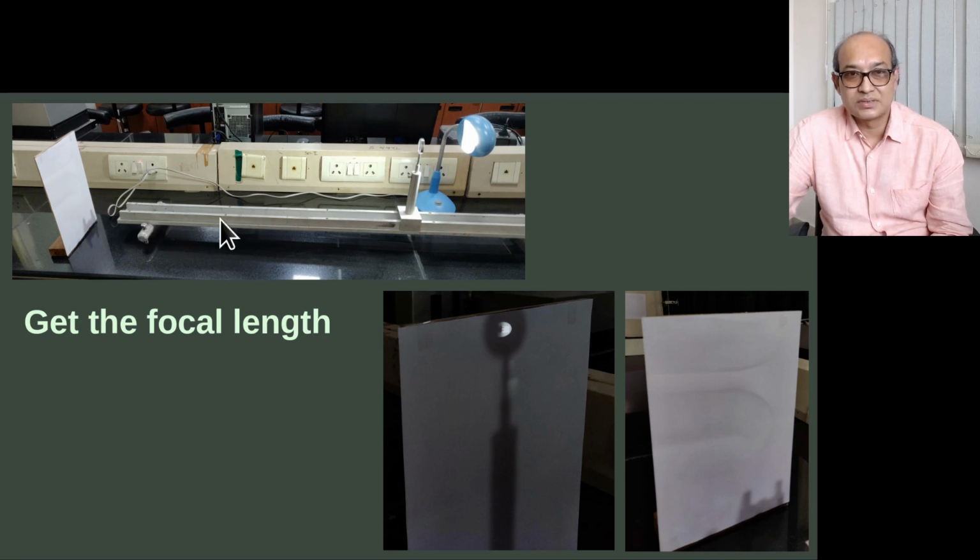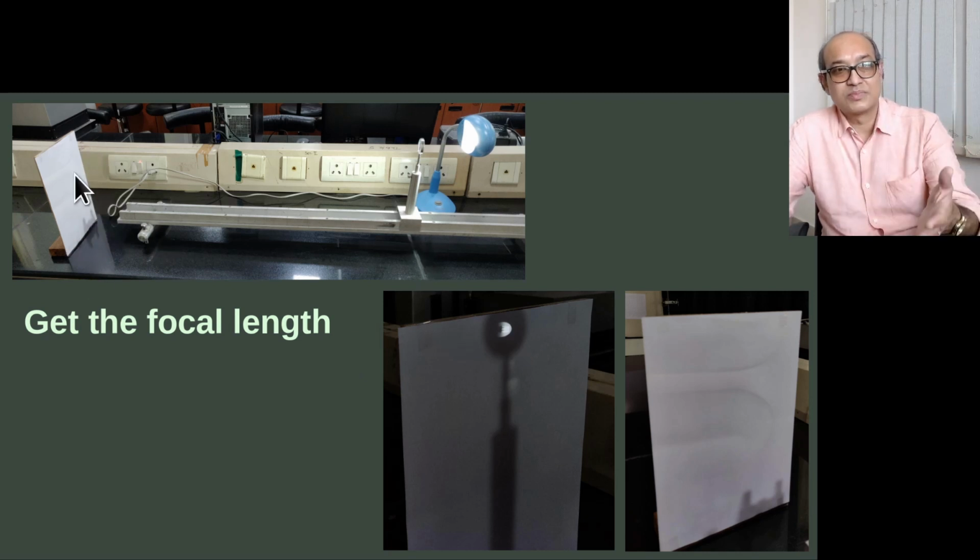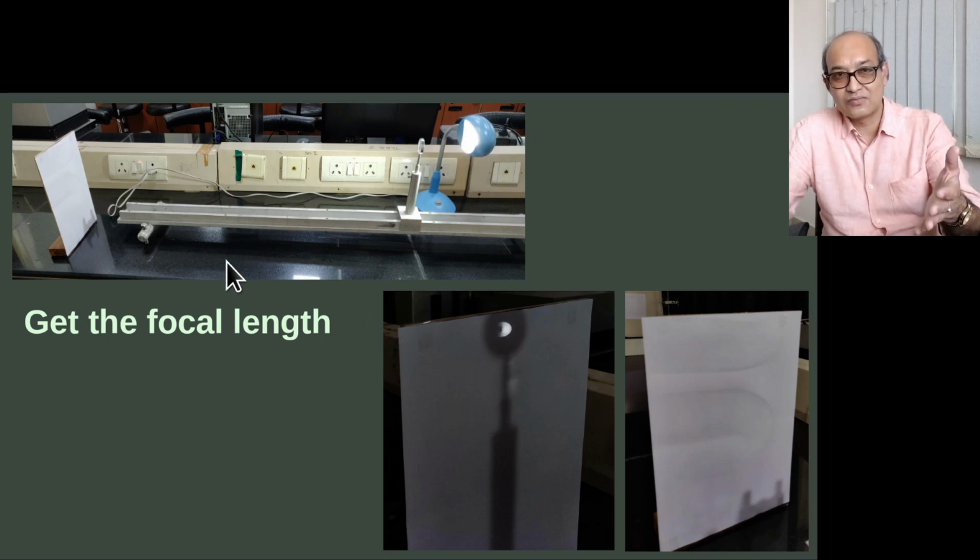And we have this rail. The lens can be moved. So what we can do is keep the screen at one end of the rail and move the lens until the image of this filament is clearly visible. That is one position where the screen and the lens are at a distance of the focal length of the lens.